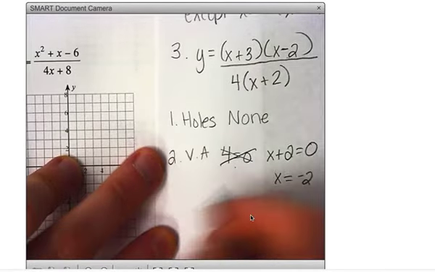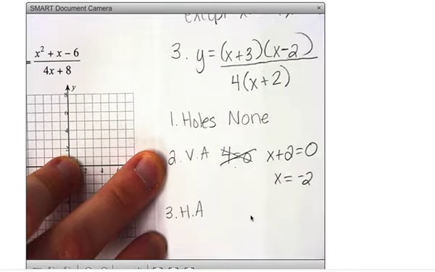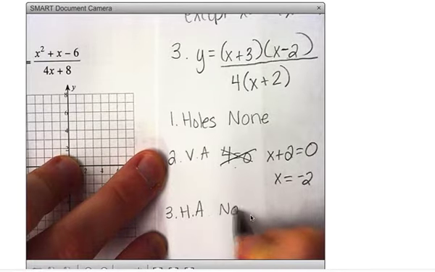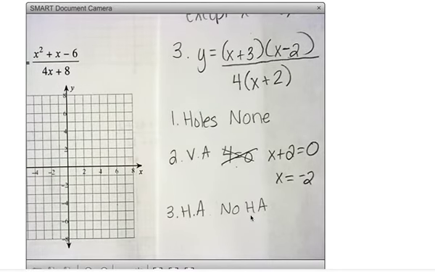All right. What's the horizontal? Bigger on bottom, bigger on top, or equal? Bigger on top. So bigger on top is no horizontal asymptote. What'd you say, Isaiah? Oh, I was just running my mouth.